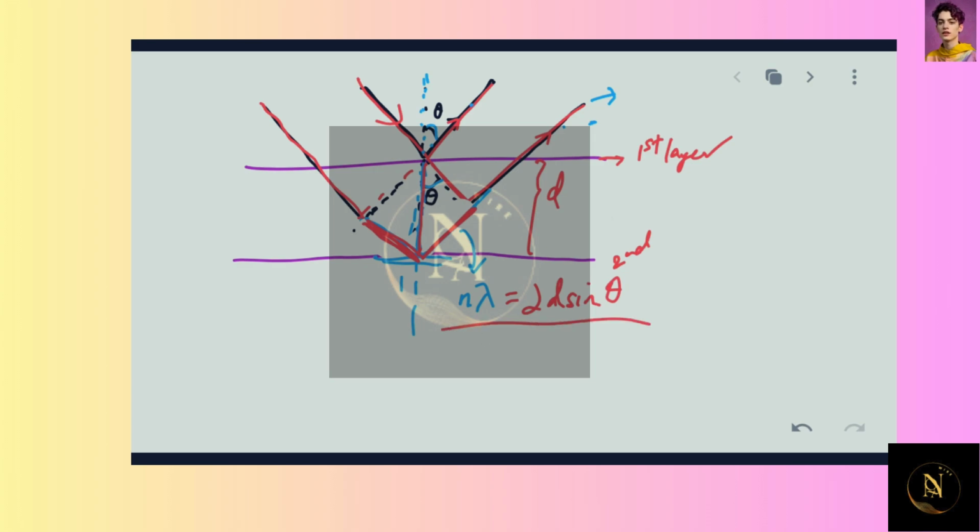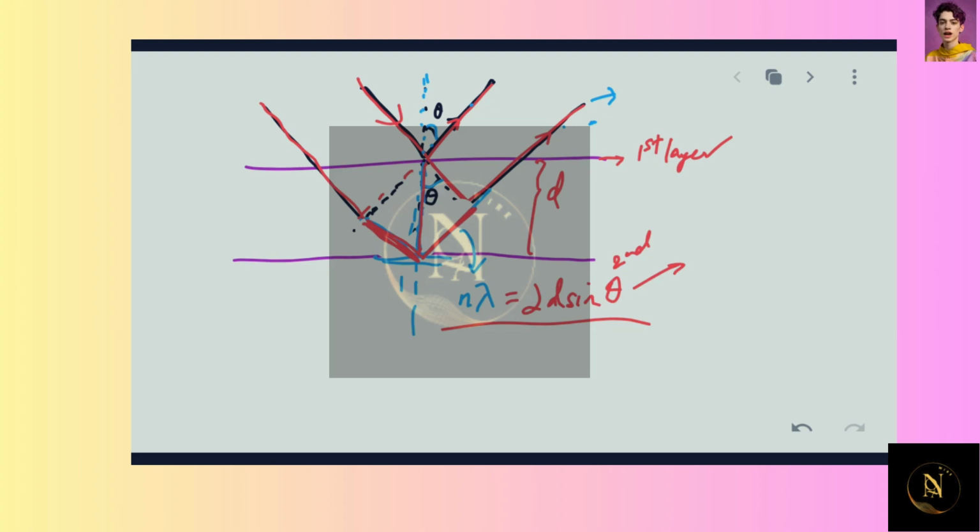So this is our formula for this crystal surface diffraction. We're going to use this to find the angle theta where we get our first maximum.